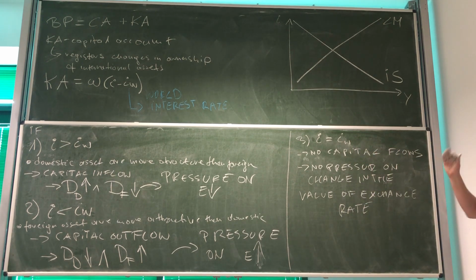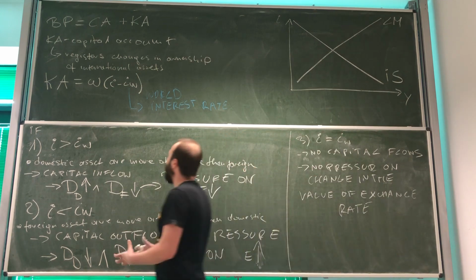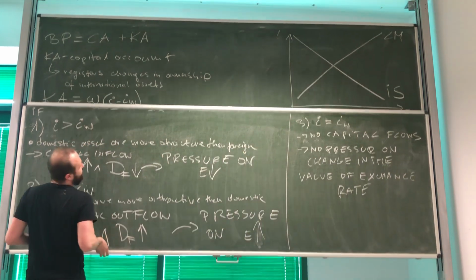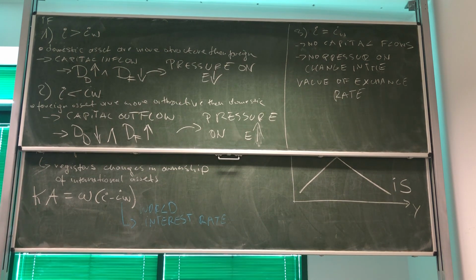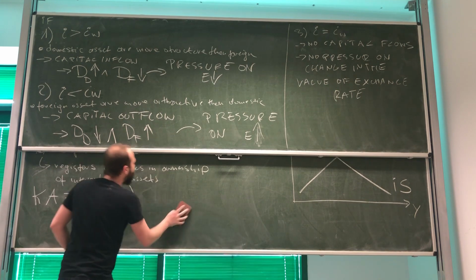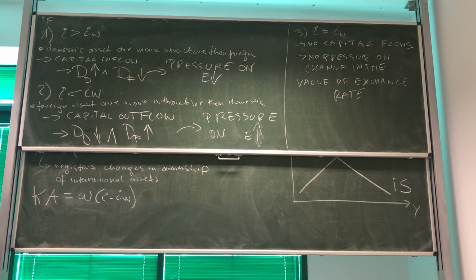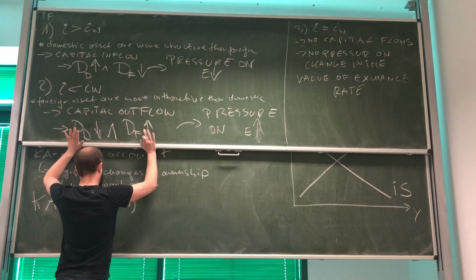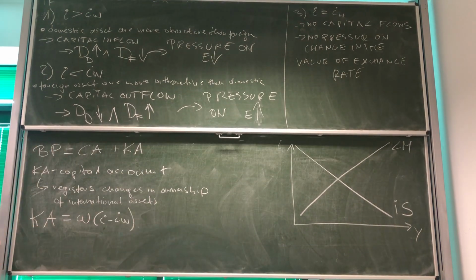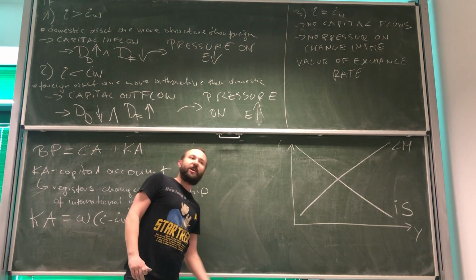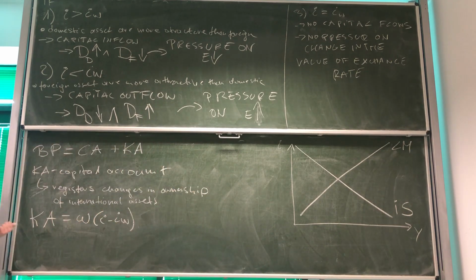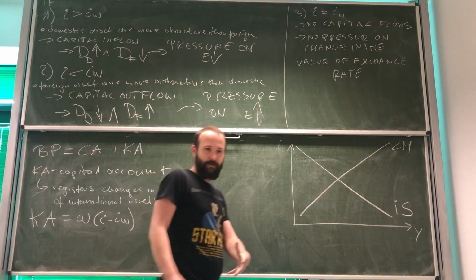So look, what can we, based on that, deduce about capital accounts? We will see that every time our interest rate is higher than the foreign interest rate, we will have an inflow of capital into our country because we have more attractive bonds.